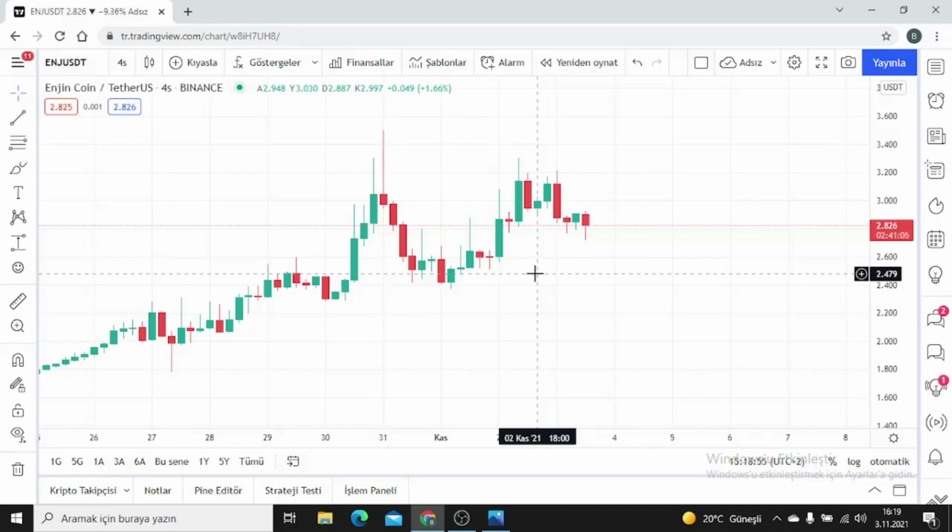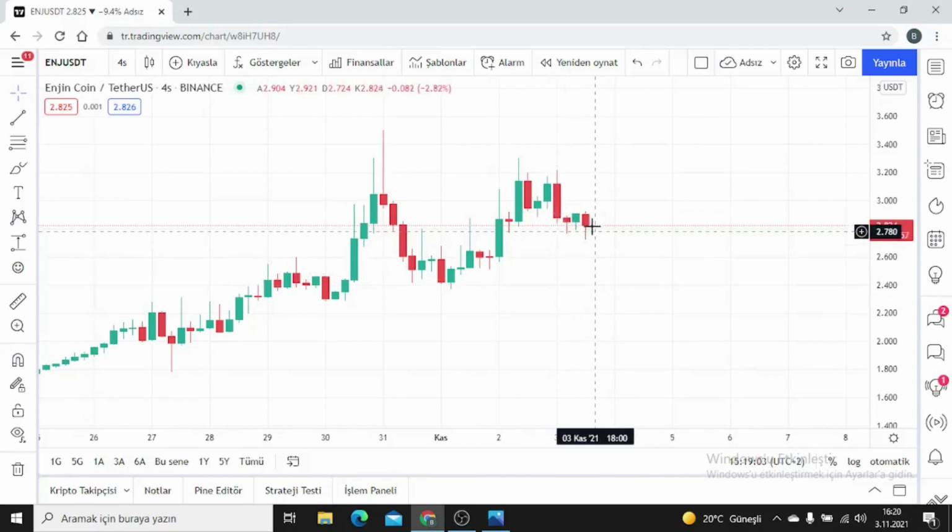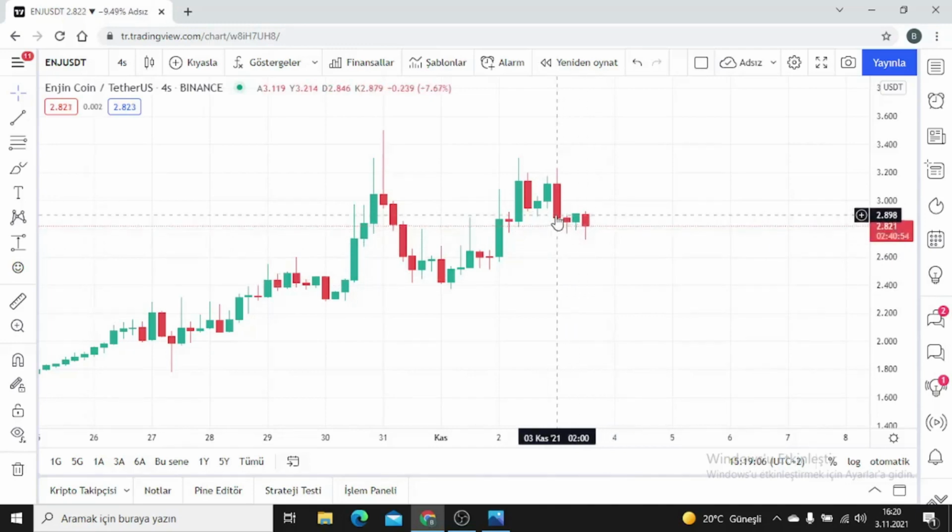Now what should we look at first? Friends, first we look at the last 4 candles on our chart, so 1, 2, 3, 4. But we don't look at the first candle there, the active candle. We look at the 3 candles before the active candle, so 1, 2, 3. We look for a pattern in those 3 candles.